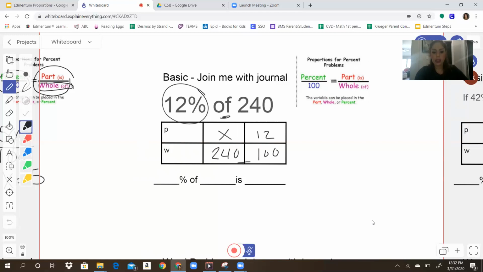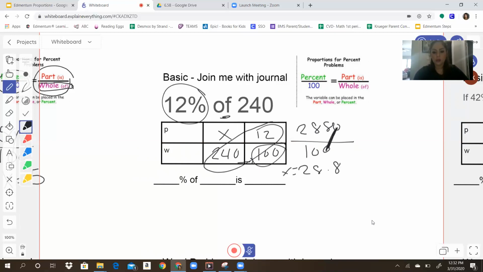I'm going to look real quick. Can I take a bridge straight across? I can't. So I'm going to go ahead and do this the long way. Cross, multiply, divide. 240 times 12 is 2,880 divided by 100. Looks like I can cancel a 0. 288 divided by 10 is 28.8.